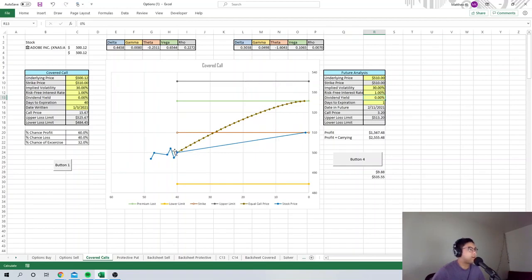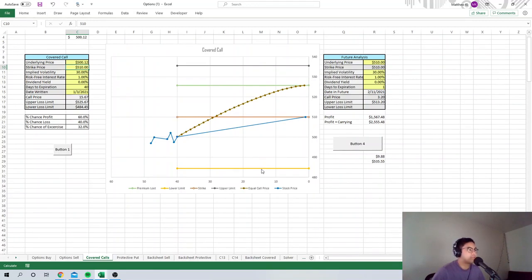So if you write an option for this, it's $10 above the strike price for a $500 stock, and it has to go all the way up to 535 for you to lose all of it. So actually, you're not losing all of it. You're just losing the amount. You're negative, but you're not negative like all your stock, right? You're losing, but you're only losing this $100 stock. You're not losing a lot.